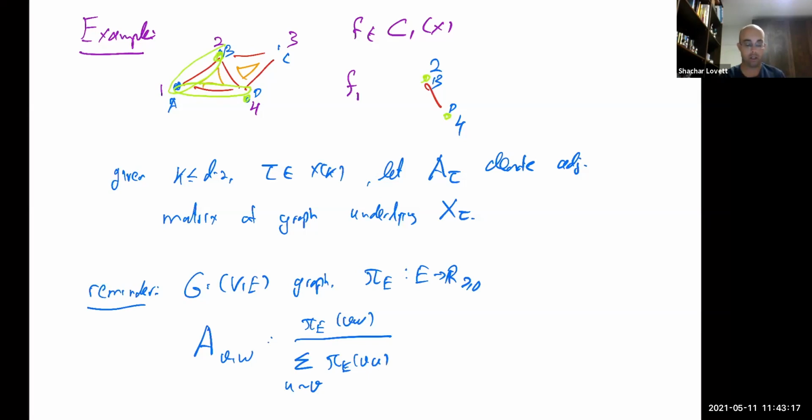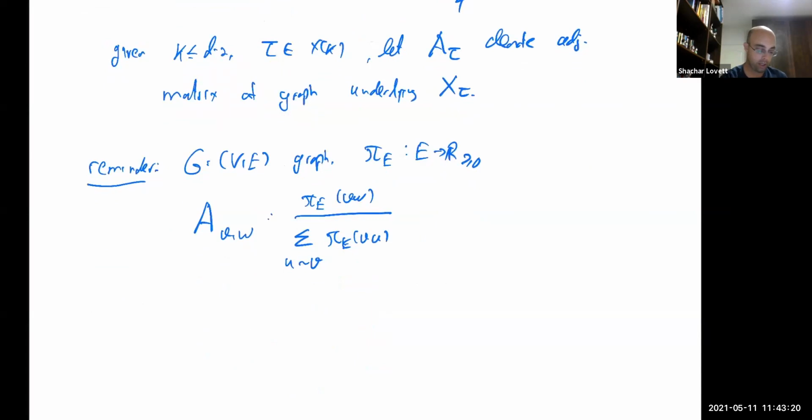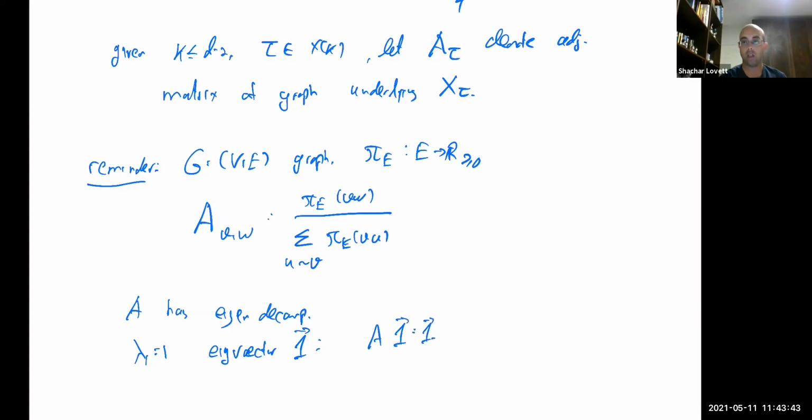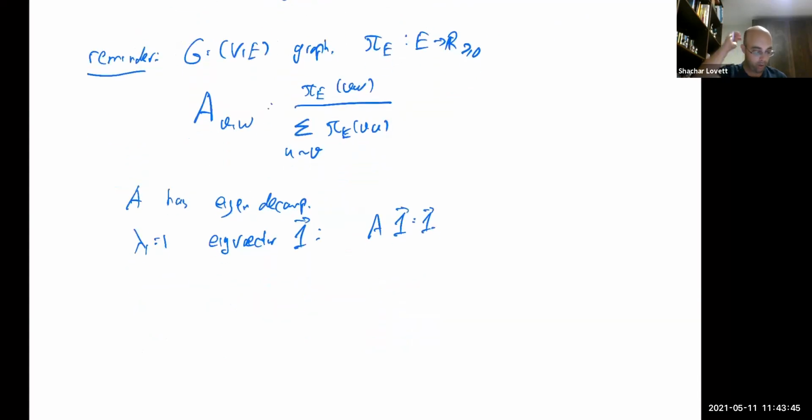And we've seen that A has an eigendecomposition in the same way that we've seen for regular unweighted graphs, and that lambda_1 is 1 with the eigenvector all ones. It just means that A1 is 1. And then the last thing I want to remind you of is that we can view A as an averaging operator when you act on the right.